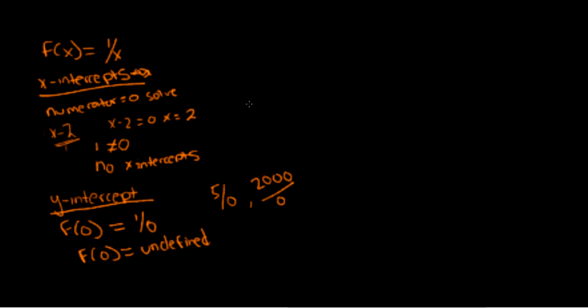So let's look at vertical asymptotes. The vertical asymptote happens when you make the denominator, the bottom part of the fraction, equal to 0. The denominator is x, so x is equal to 0.